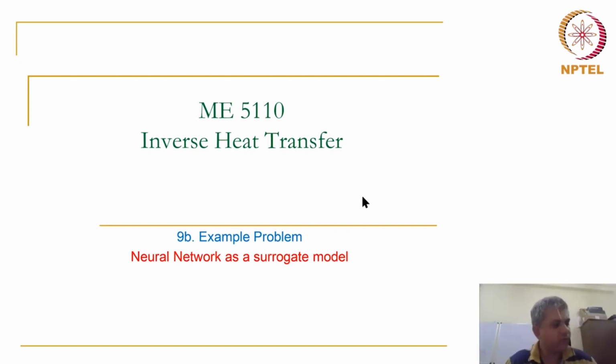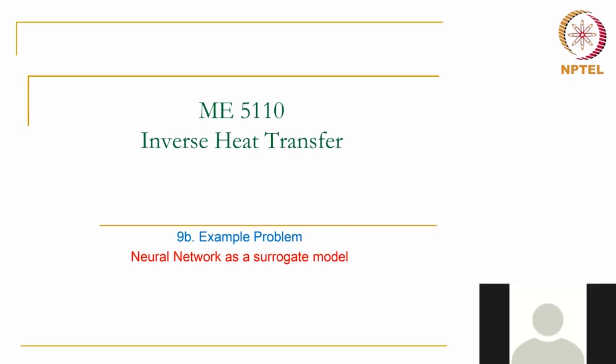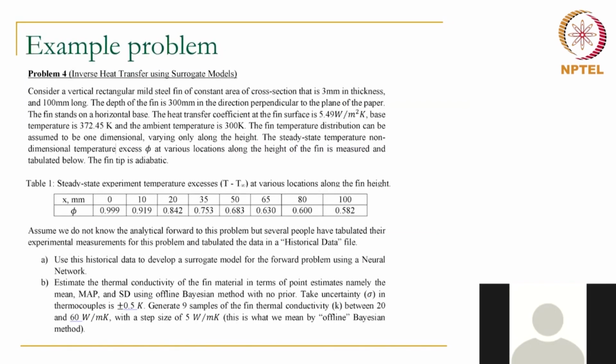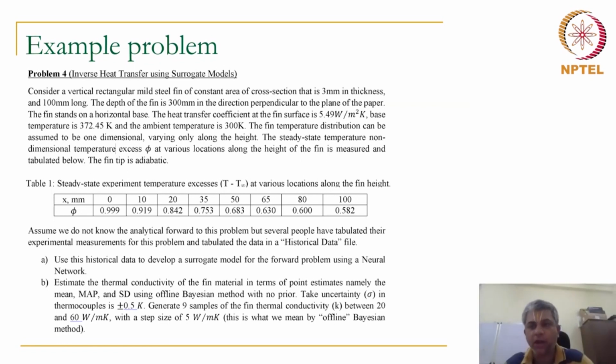Yeah. So we'll come here to the neural network as a surrogate model. I'm going to repeat the example, the problem that you saw in your quiz. The same problem, we have a rectangular fin.